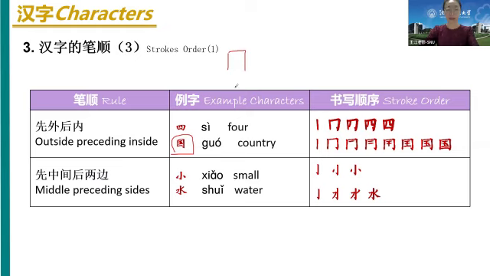And there is a king who lived inside the country. That is the king, and the king is holding a stick in his hand. After we let the king enter the country, then we should close the country's door at last. Okay, so that is 国.